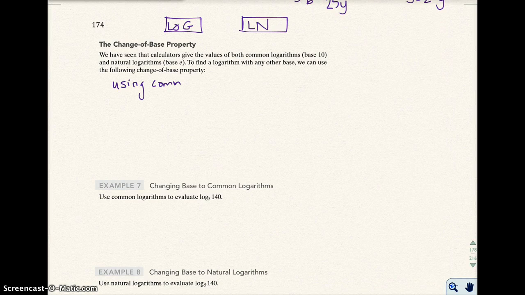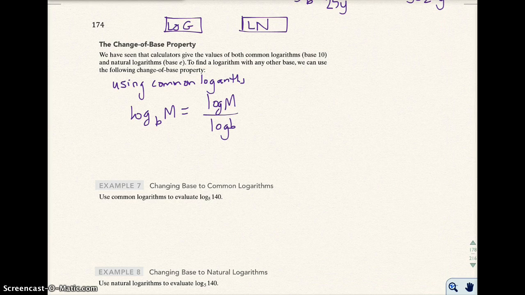You can memorize the formula, or you can just write it on your note card. Log base b of m equals the log of m over the log of b.